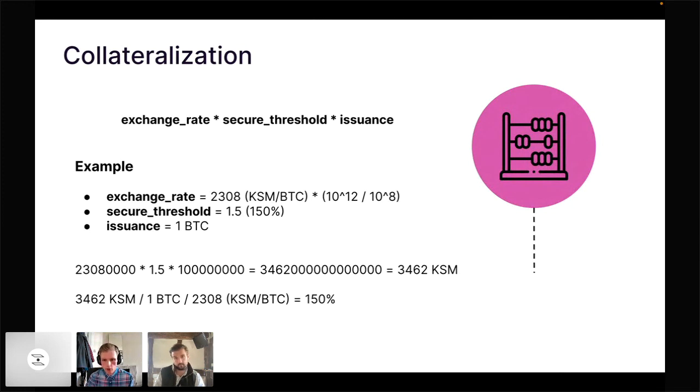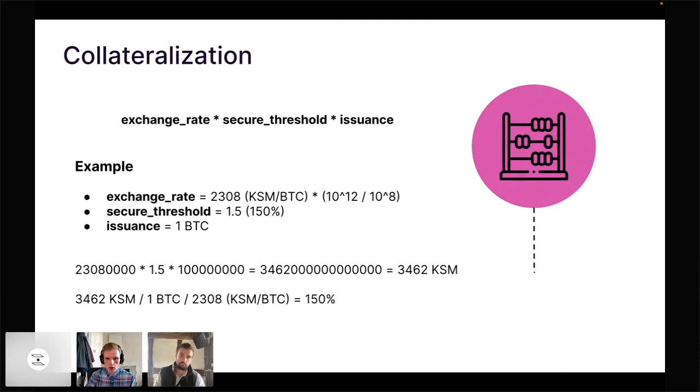I could be wrong, I need to double check. But what this means is that we can use this calculation to determine whether the vault has sufficient capacity to issue more KBTC.